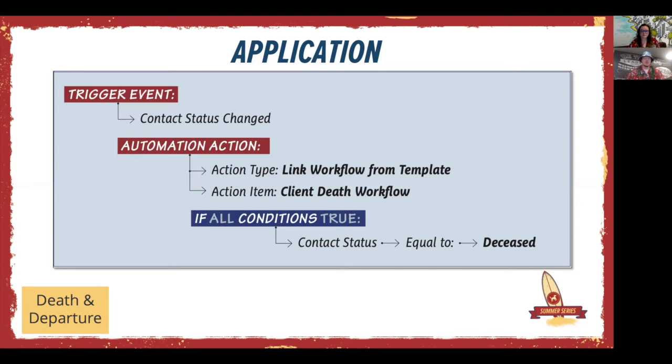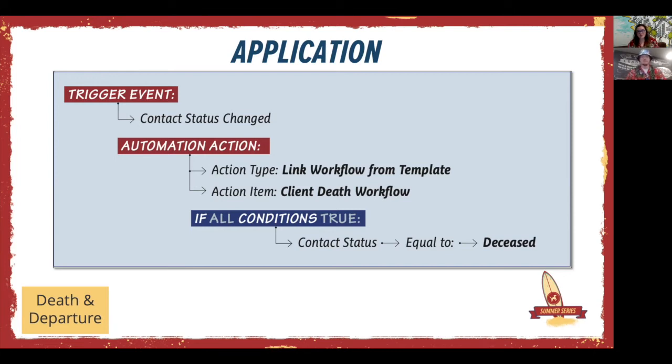We want to make sure that as soon as that person is passing away and we enter them as deceased, that we're linking the client death workflow and including reaching out to that surviving spouse to provide them services like planning extra time with the first meeting or providing them with a list of organizations to help them through a difficult time. And so the quicker we can respond to this, the better service that we can provide to the client's spouse and hopefully retain some of those assets that we had under management with that family.